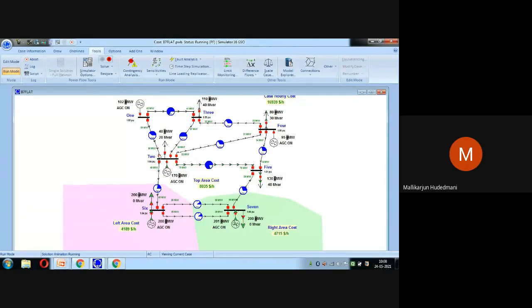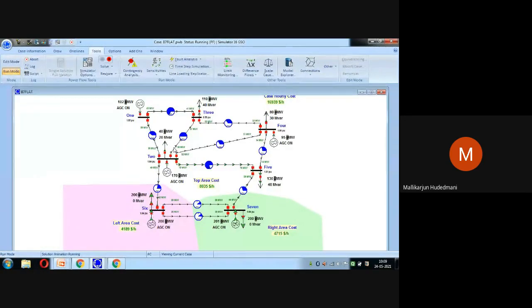The net exchange from area 1 and area 3, the scheduled exchange and the frequency bias have to be addressed by this area's automatic generation controller. Similarly, this must be seen in the pista green area and in the white area. Apart from this, you must see cost effective operation: the cost of production, the cost of exchange, and the overall cost of operation of the system have to be seen very effectively.